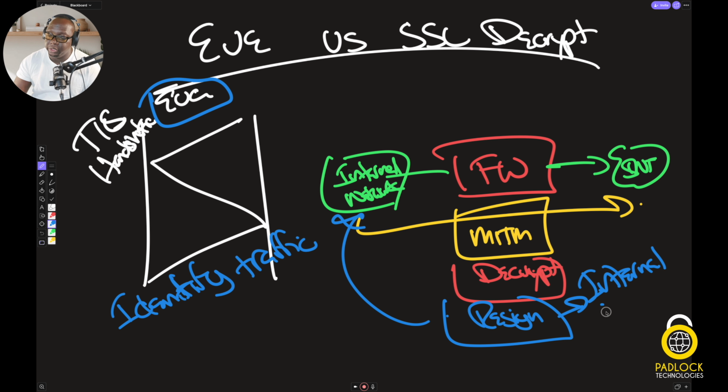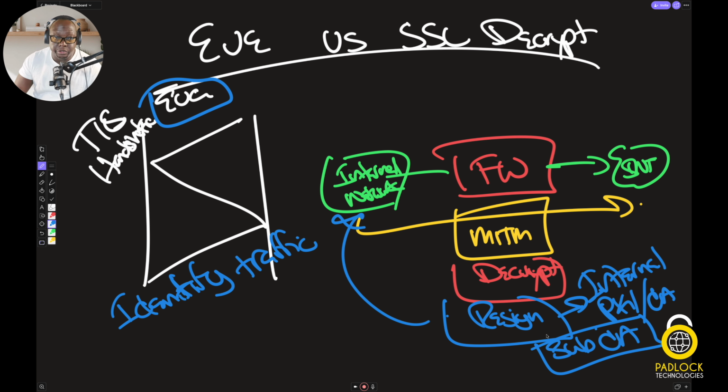Your internal PKI is going to sign this sub-CA. The certificate is going to be a sub-CA certificate, and it cannot be a web server certificate. It needs to be a sub-CA certificate to do SSL decryption, and that doesn't matter what vendor you use. That's the certificate you're supposed to use.